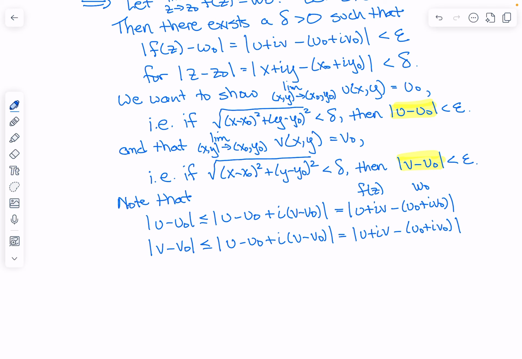So essentially, we can rewrite the distance between u and u0 and v and v0 as both being less than or equal to the distance between f of z and w0.